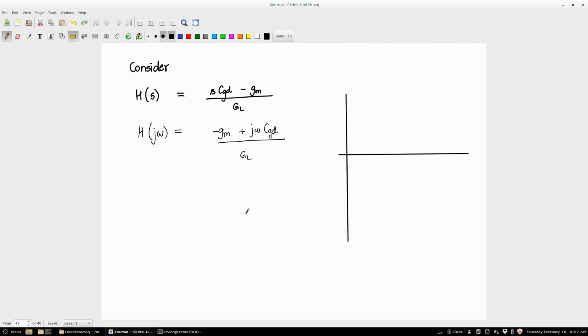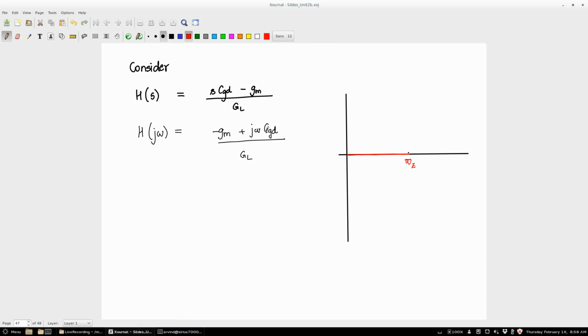There is one 0, correct. And the 0 will be a left half plane 0, right? Sorry, for zeros you have to work in the S plane. So it's a right half plane 0. S equal to GM by CGD is your right half plane 0. Correct? So it's the same omega Z. So I will have some omega Z over here.